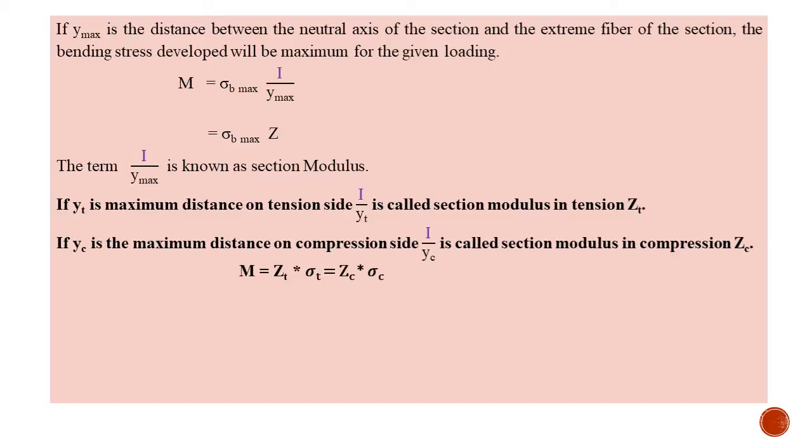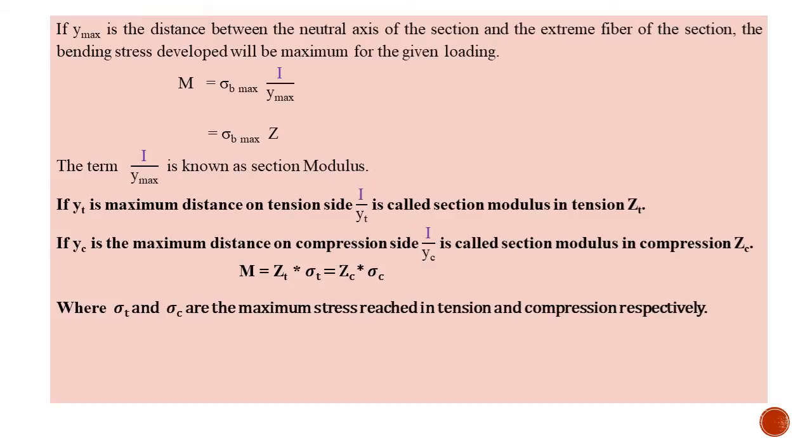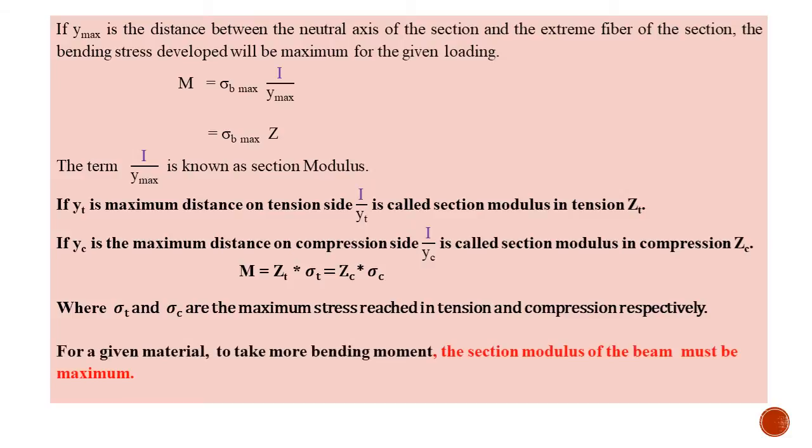But bending moment equal to Zt into sigma t equal to Zc into sigma c, where sigma t and sigma c are the maximum stresses reached in tension and compression respectively. For a given material to take more bending moment, the section modulus of the beam must be maximum.